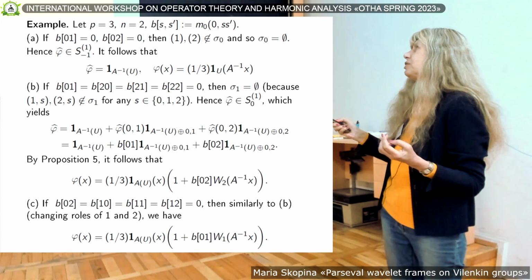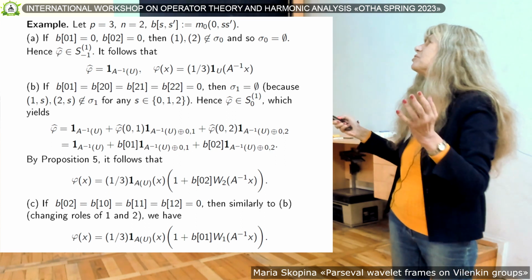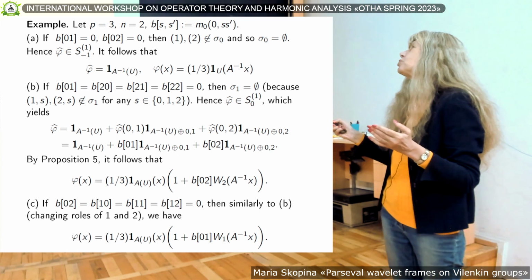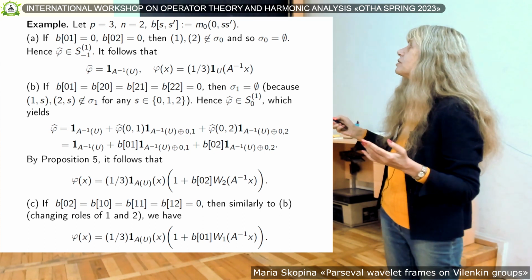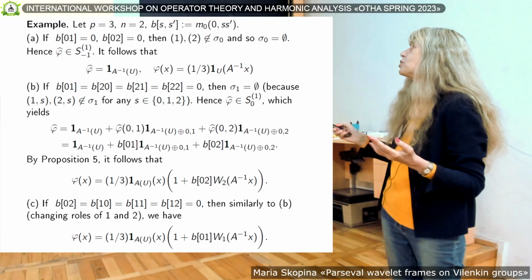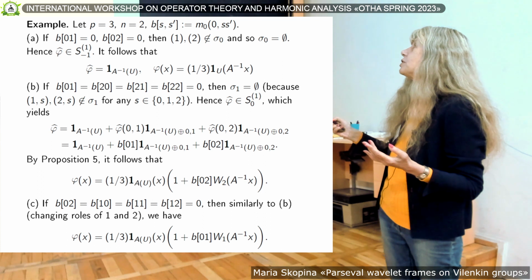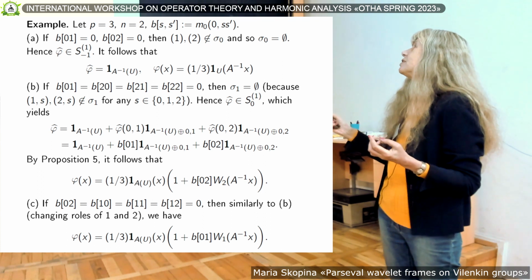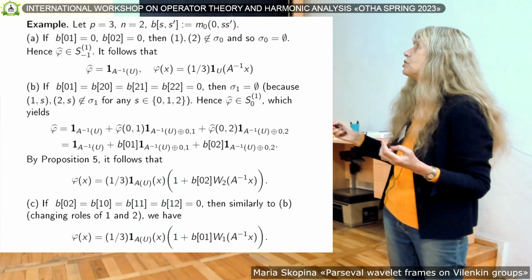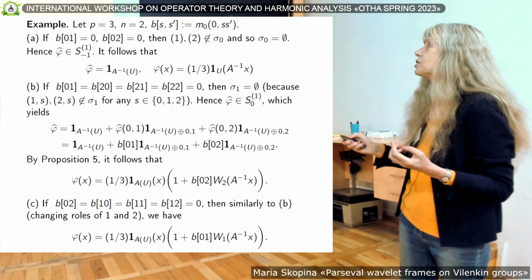This is an example for P equal to 3 and N equal to 2. For N equal to 2, capital N is equal to 3, and here it is possible to present all possibilities. First possibility, the first column vanishes, B is just the value of M0. And in this case, we have characteristic functions.